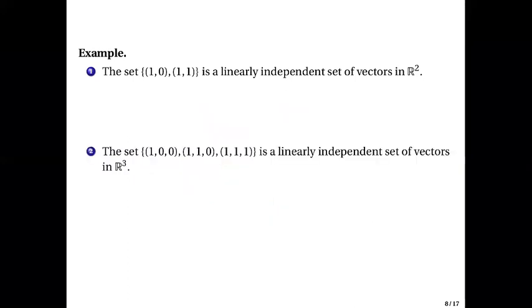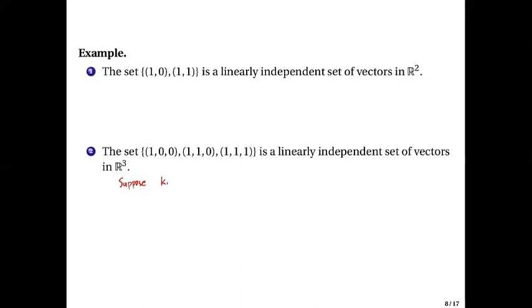Next, this set here, (1, 0, 0), (1, 1, 0), (1, 1, 1), is also a linearly independent set of vectors in R3. Let us use the same approach as before.